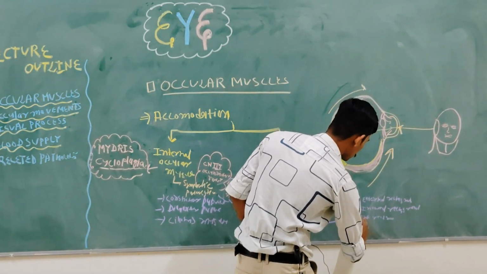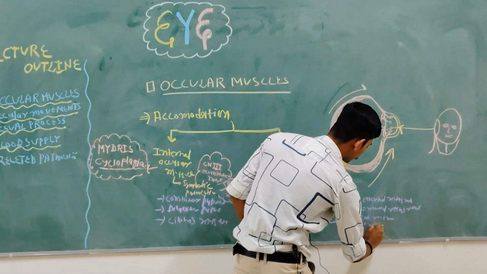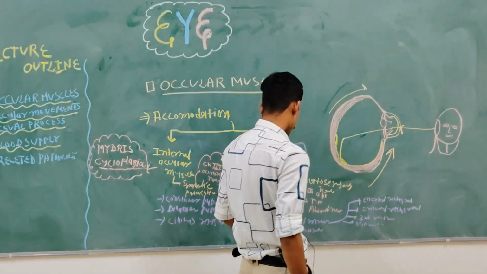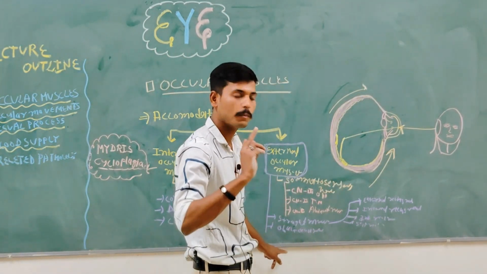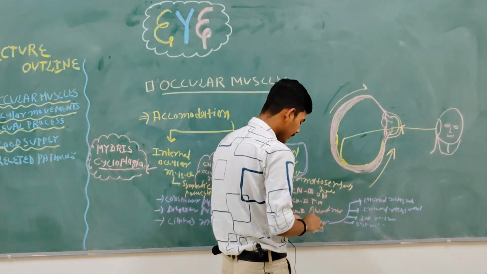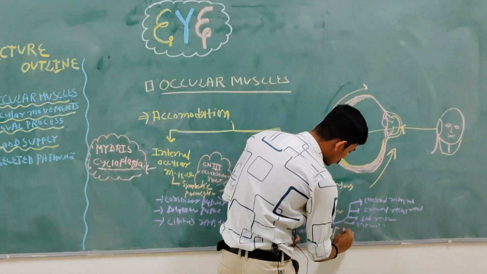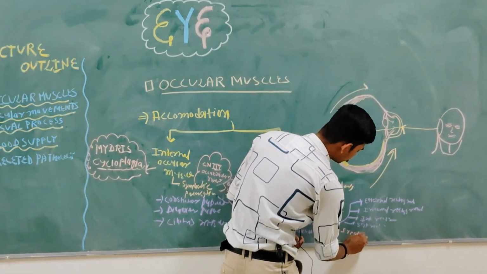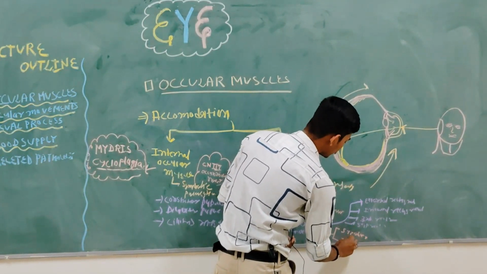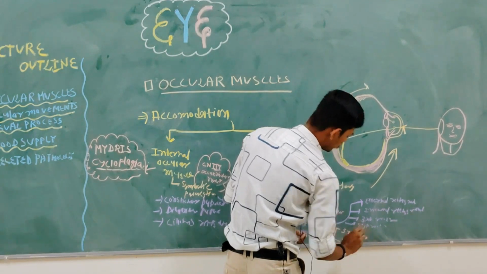Then you have the internal rectus muscle, then the inferior rectus muscle, then the superior rectus muscle. And about the oblique, there is the superior oblique and the inferior oblique. Write down the 2 types of oblique muscle: superior oblique and inferior oblique.